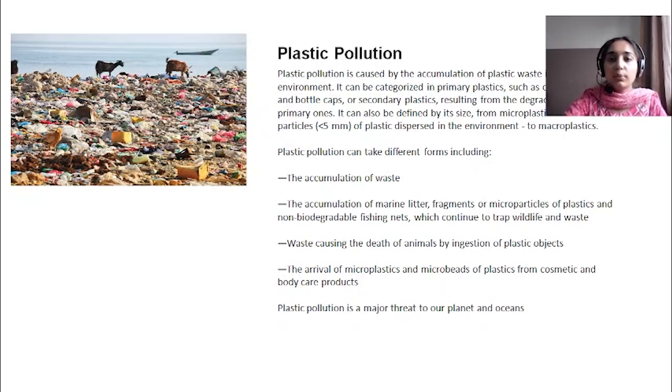Plastic pollution can take a number of different forms, including the accumulation of waste, the accumulation of marine litter, fragments or microparticles of plastic, and non-biodegradable fishing nets, which continue to trap wildlife, and waste causing the death of animals by ingestion of plastic objects. It also includes the arrival of microplastics and microbeads of plastics from cosmetic and body care products.